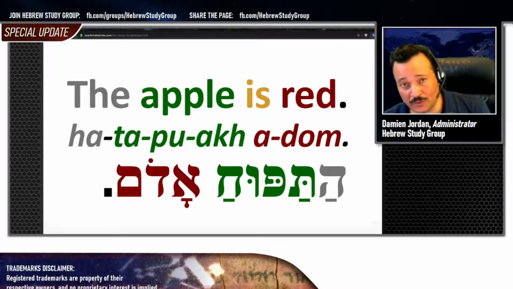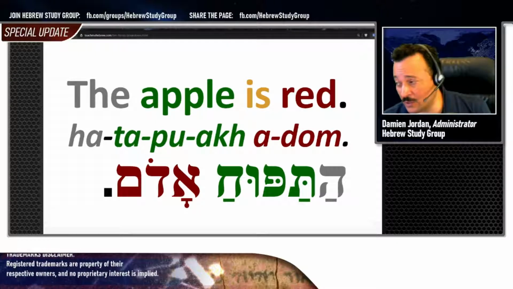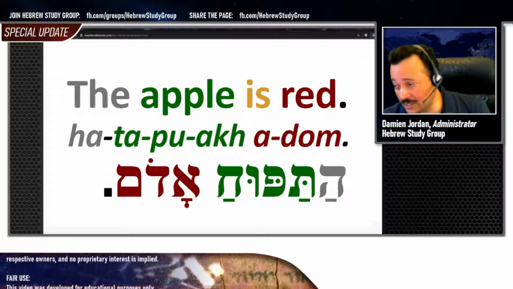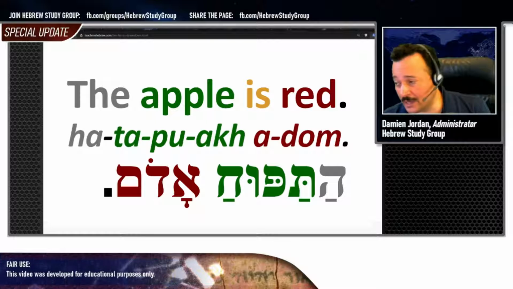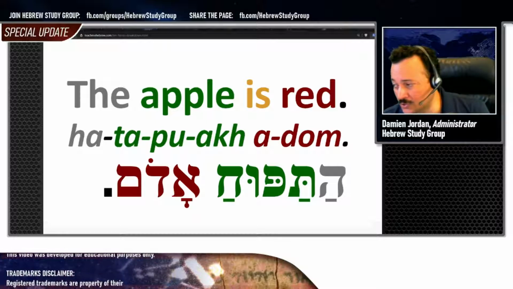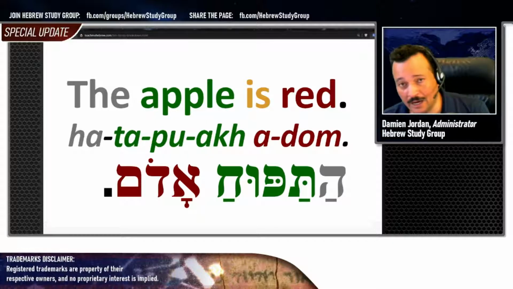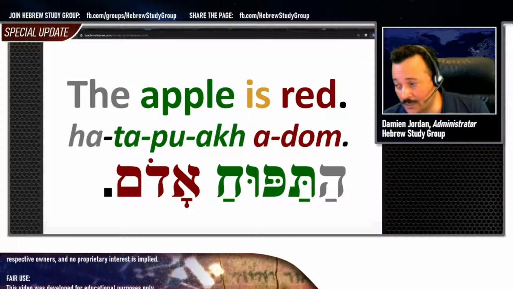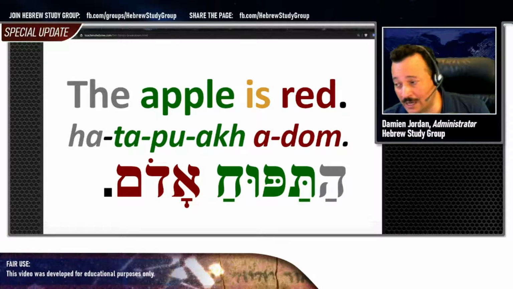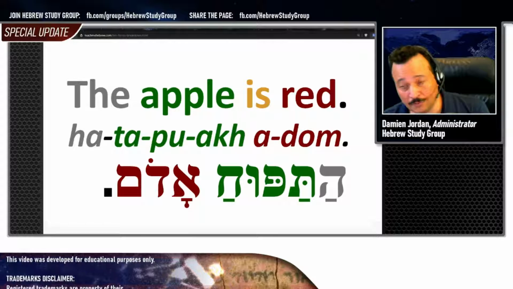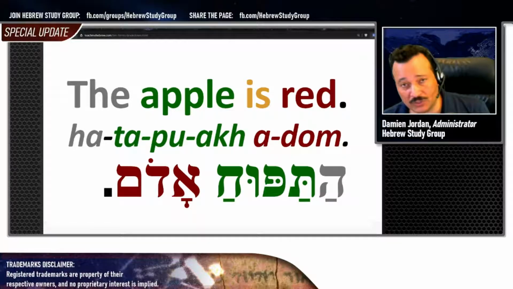That means the, whatever it is, that is representing the, in this case, the apple. Ha tapuach. Now notice what we have over here. Adom. So again, we have the transliteration. Ha tapuach adom. The apple is red.